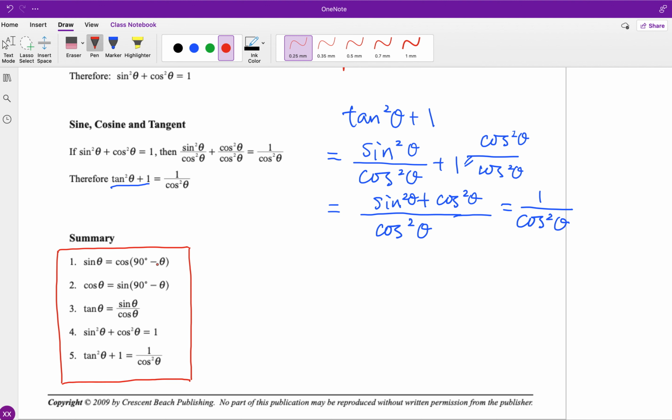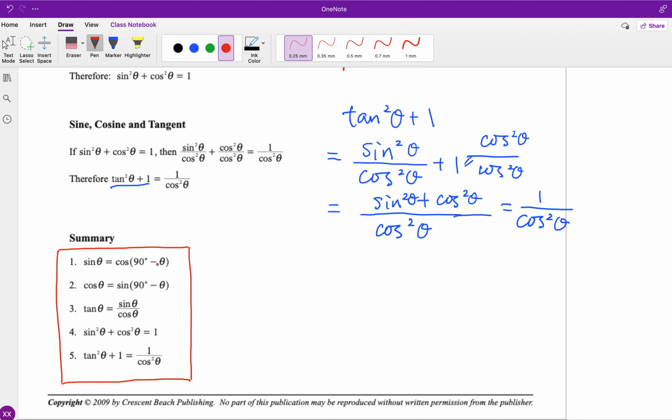Now b is root of 5. This time it is not a whole number. Now what is sine? Sine of the angle is root of 5 over 3. Tangent is root of 5 over 2. So here we go, done.